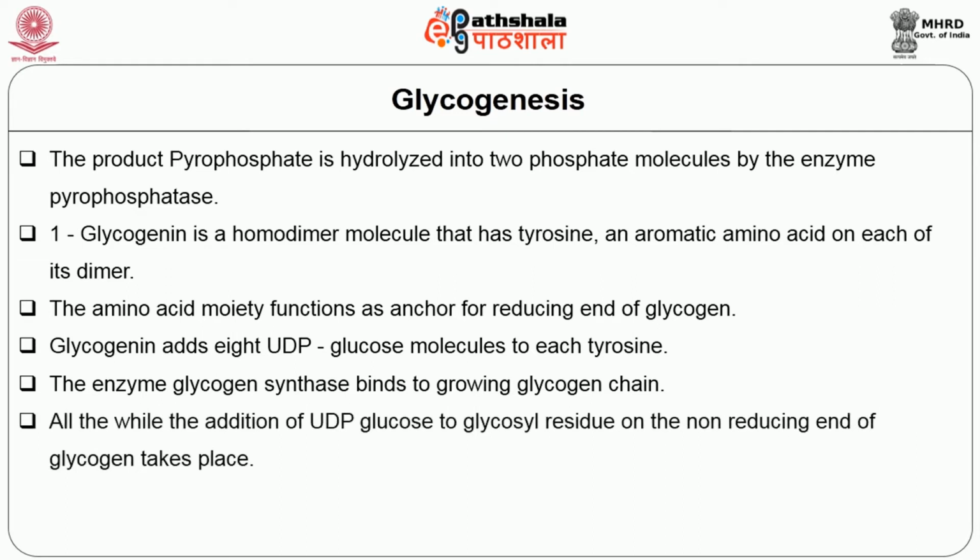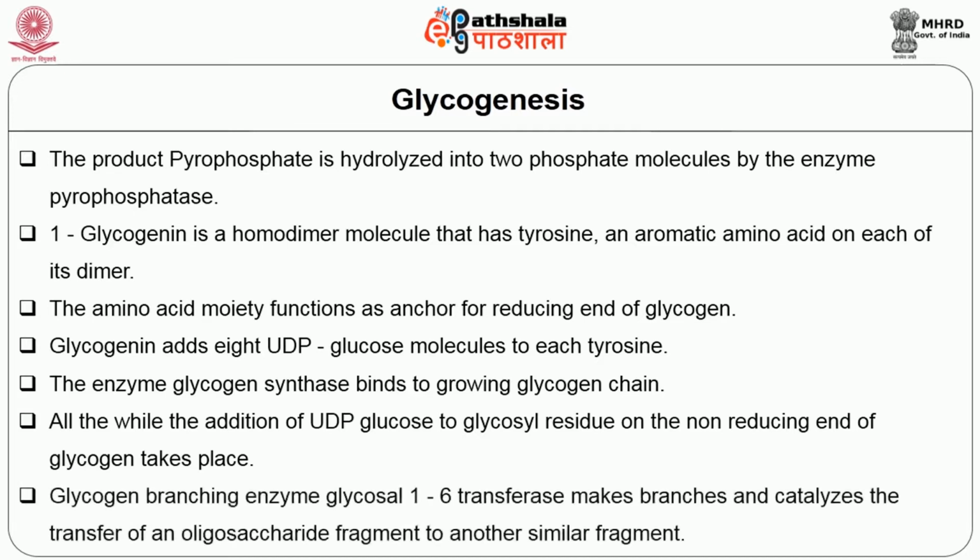All the while, the addition of UDP glucose to the glycosyl residue on the non-reducing end of glycogen takes place. Glycogen branching enzyme, glycosyl 1,6 transferase, makes branches and catalyzes the transfer of an oligosaccharide fragment to another similar fragment.